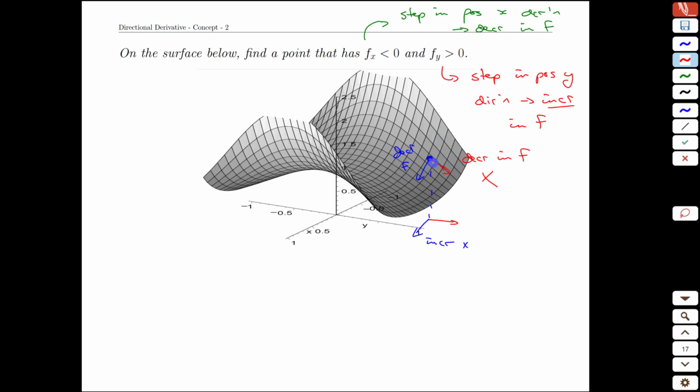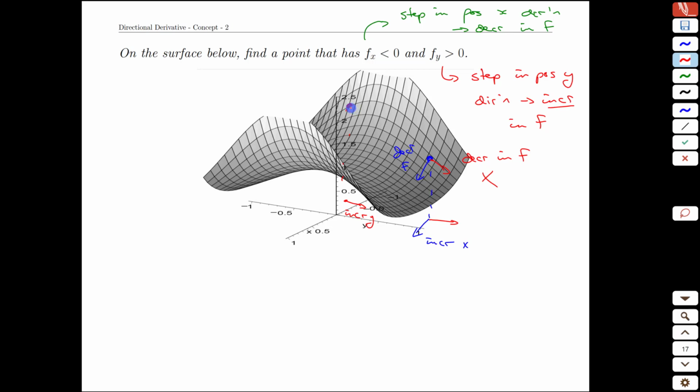Okay, well then, knowing what we're missing, if we look at any of the points along here, we can see that a step to the right is going to bring us downwards. That's not going to match the slope that we want in the y direction. So we'd have to go maybe over to somewhere like here. If that's the location we consider, from there, if we increase y, this should be drawn a little more parallel to the axis here.